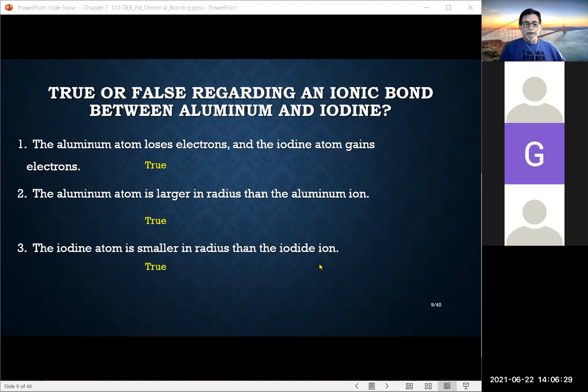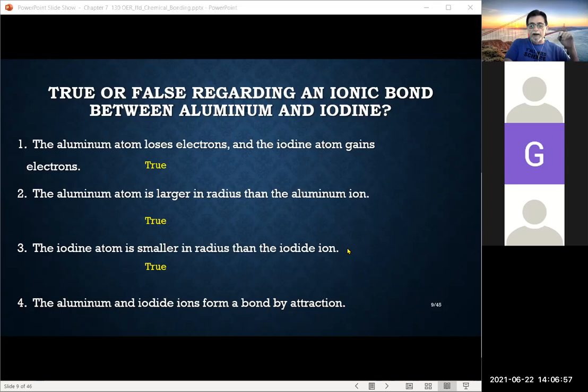The atom is smaller because the ion has gained an electron, so there's 1 more electron in that outermost shell. There are 7 in there already with negative charge, and now we're throwing 1 more with negative charge. They're going to repel and get larger in size as far as the radius.